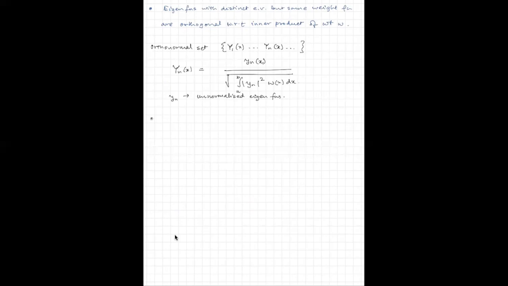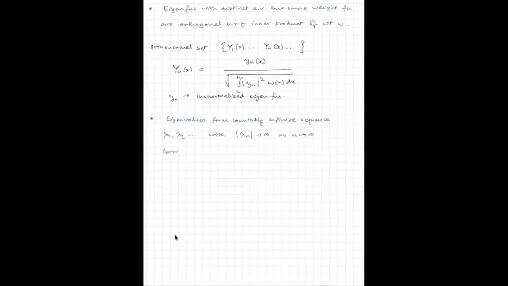So quickly, the eigenvalues form a countably infinite sequence, lambda 1, lambda 2, and so on, with the modulus of lambda n going to infinity as n goes to infinity.